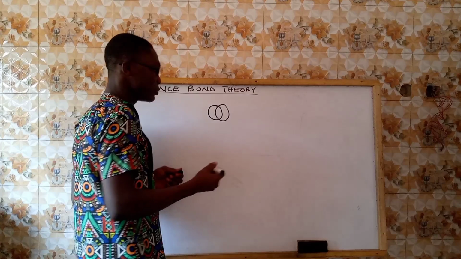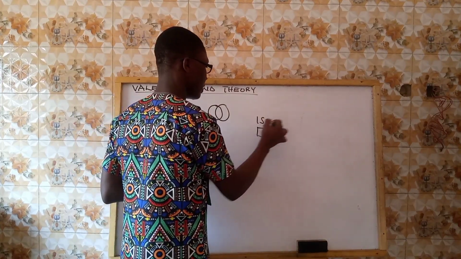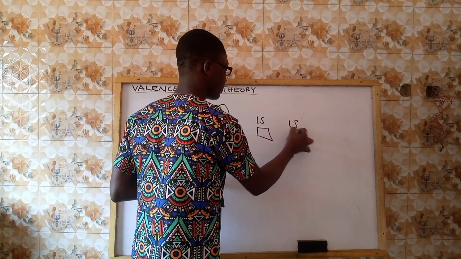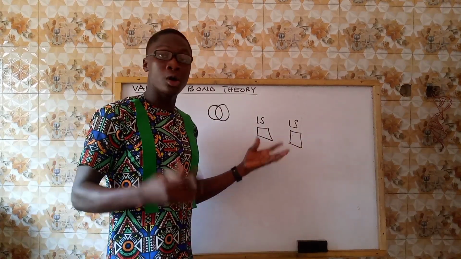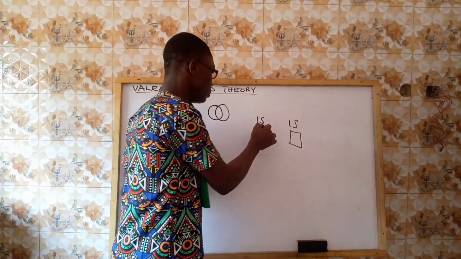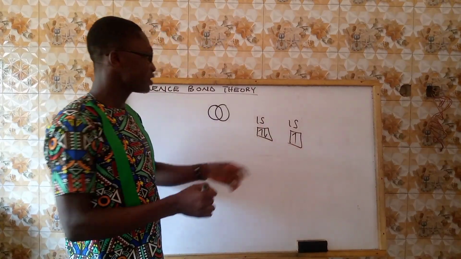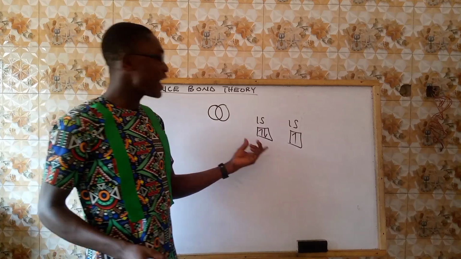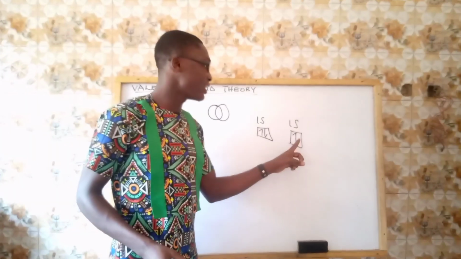Here it means that we have a 1s orbital here and then a 1s orbital here. For these two orbitals to overlap, you have this and this. This 1s orbital has 2 electrons and this 1s orbital has just 1 electron.